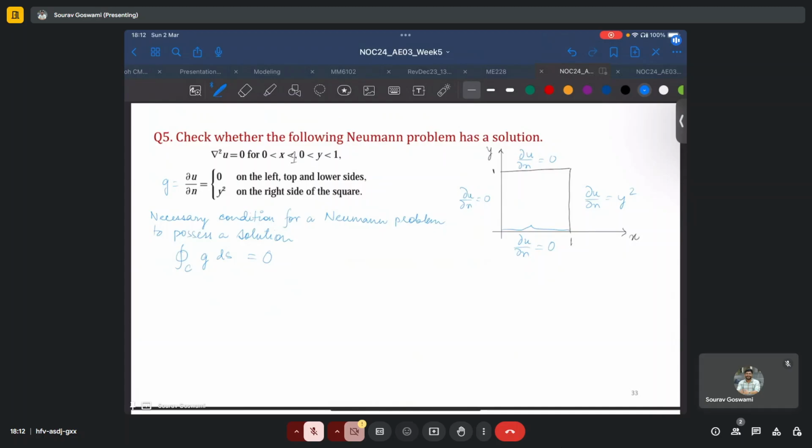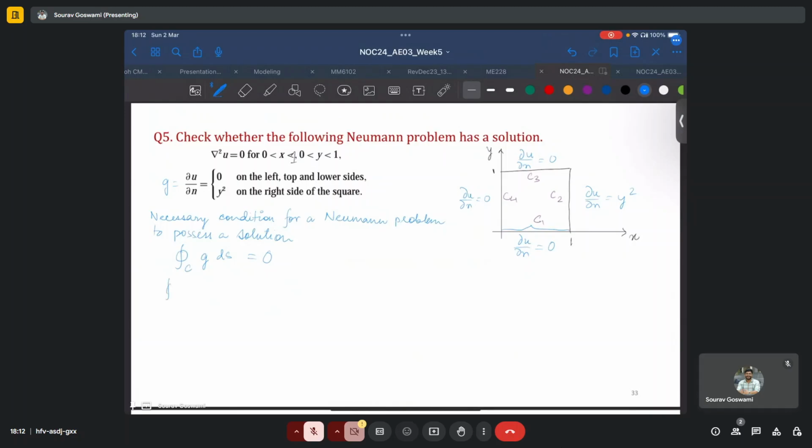So by breaking up this domain into four curves, we can make the computation easier. Let us demarcate these curves as say C1, C2, C3, and C4.